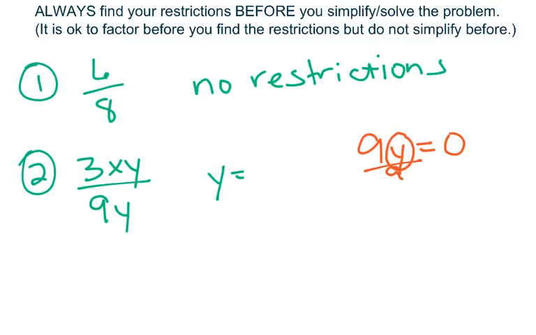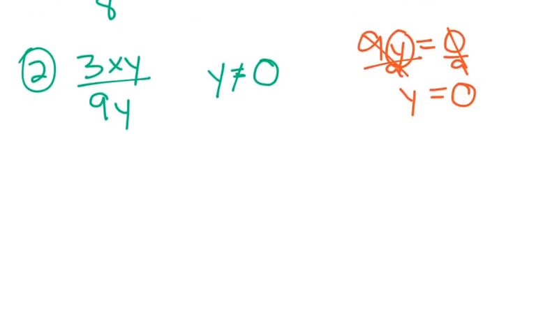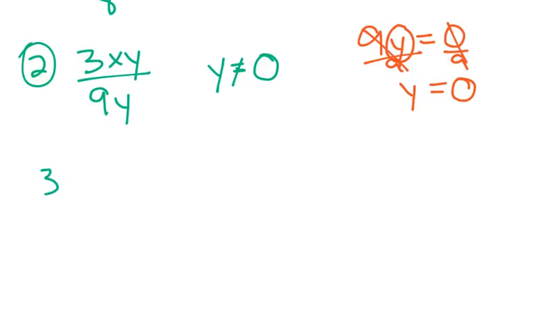I want to get it by itself, so divide both sides by 9. 0 divided by 9 is 0. So y equals 0. So what this tells me is that y equal to 0 will make my denominator equal to 0, so y can't equal 0. Because remember, the denominator cannot equal 0.